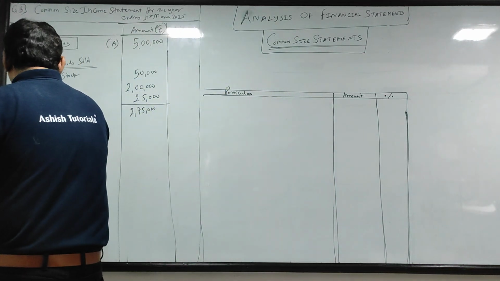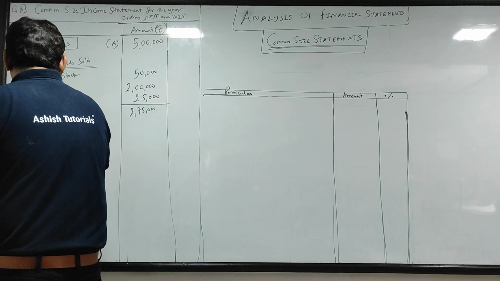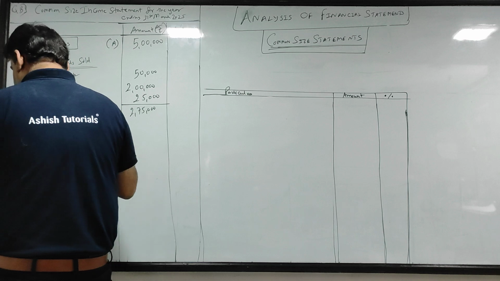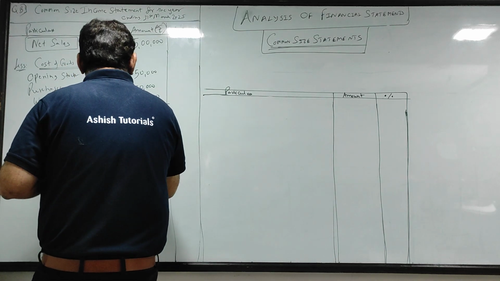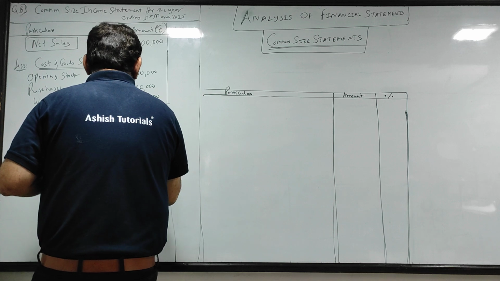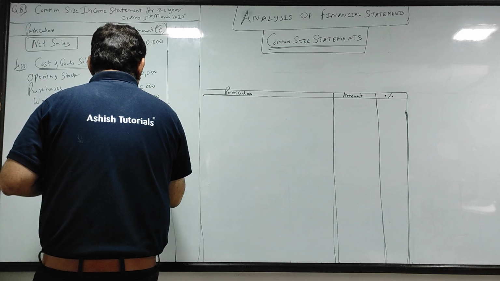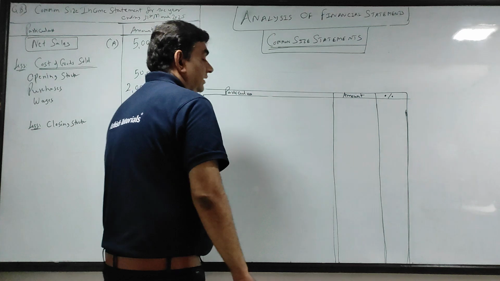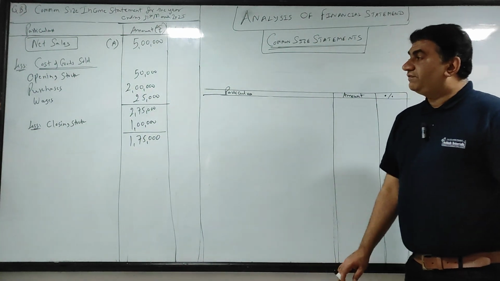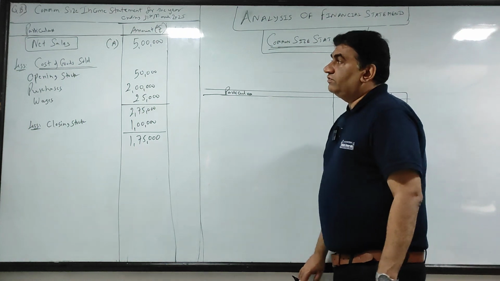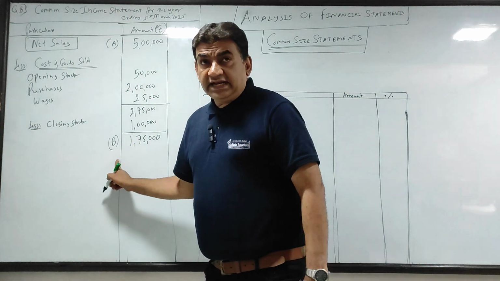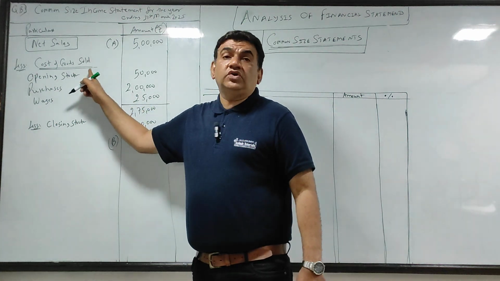Move a little inward. So less closing stock, that is 1 lakh. So 275 minus 1 lakh gives you 175, and this 175 we will make it as B. This is my cost of goods sold.